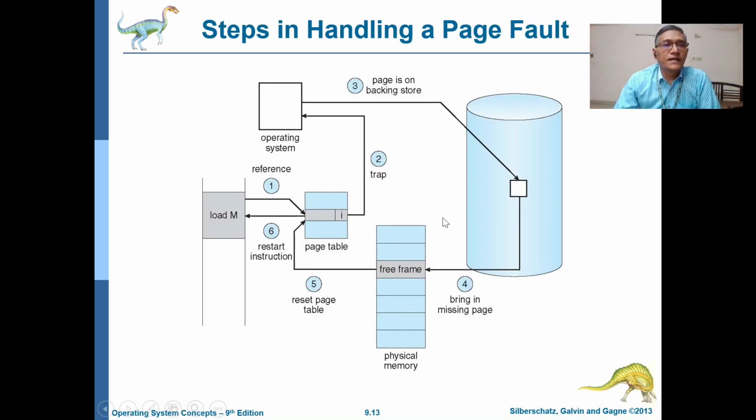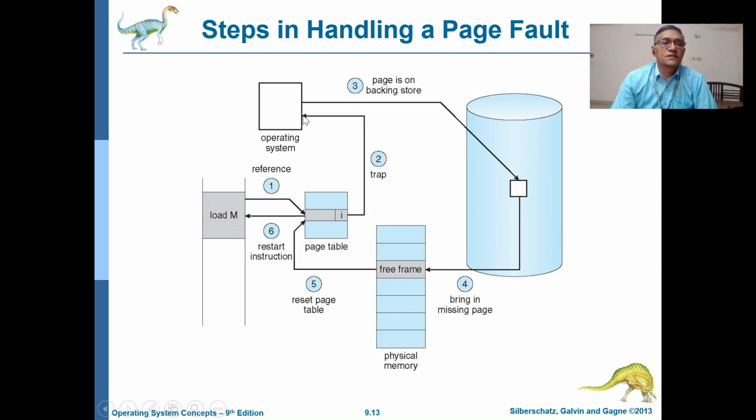This diagram explains the steps in handling a page fault. The load M is the reference, or the user program request. The reference is given to the page table, and if you see that reference, the valid bit is I, which means the page is not in memory. So a trap is initiated, an interrupt to the operating system.